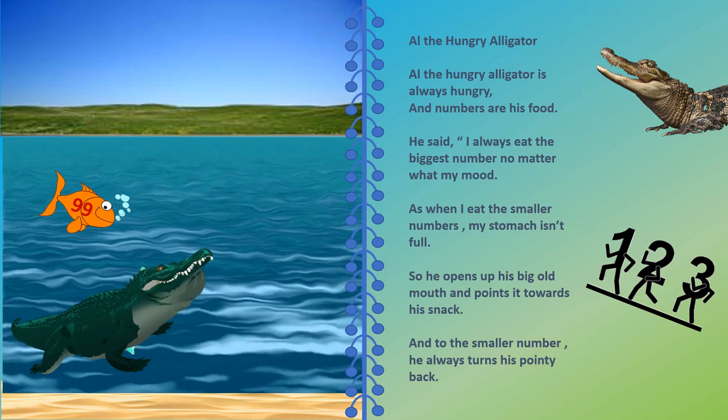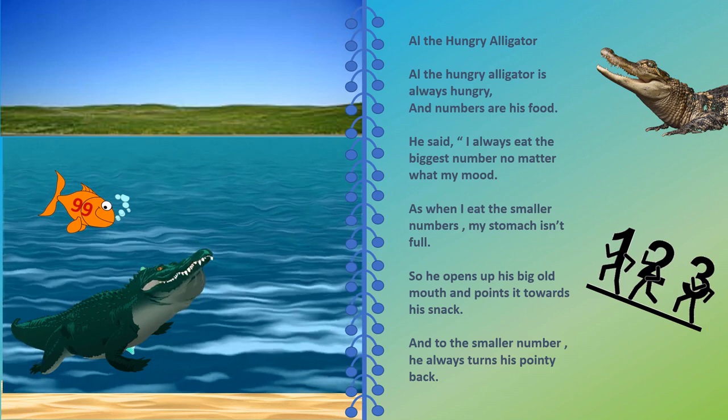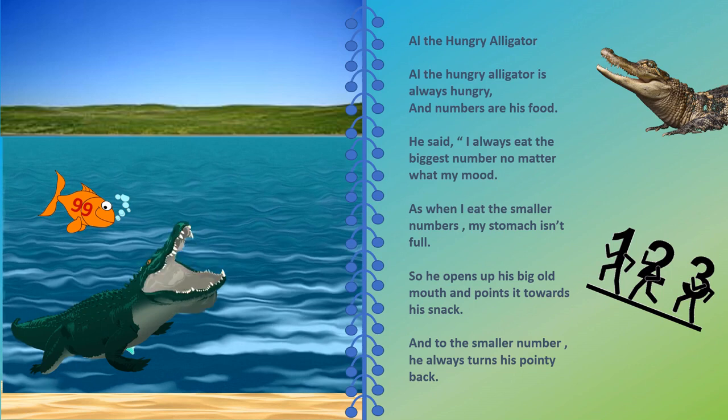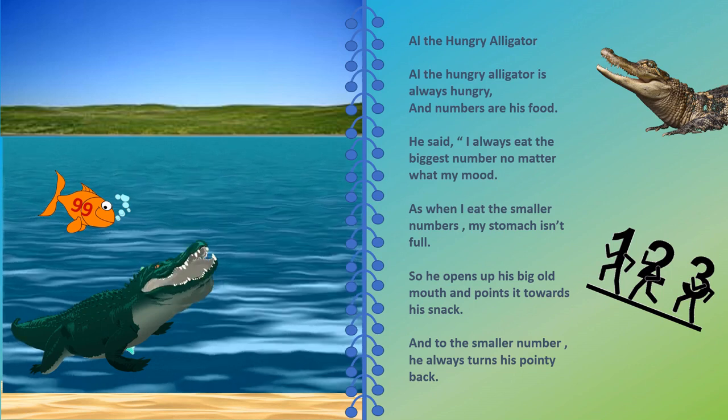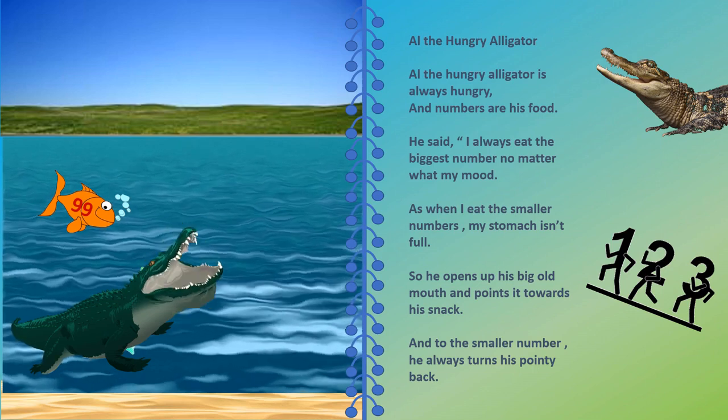Children, in today's poem we learnt the hungry alligator Al likes to eat food. He does not eat food as we do, but he is eating numbers. Numbers which are big, because small numbers do not make his stomach full.